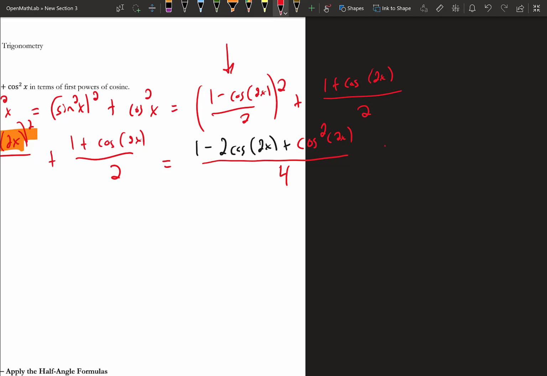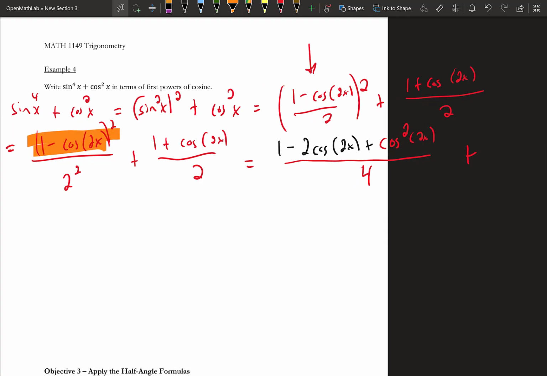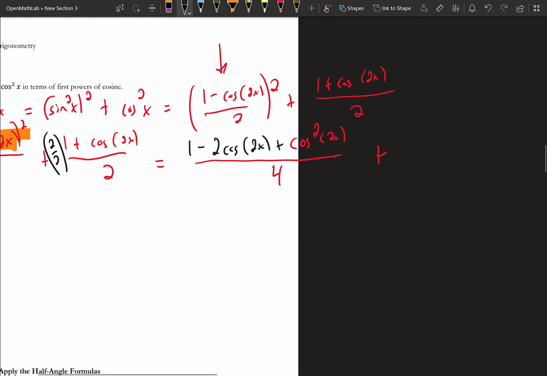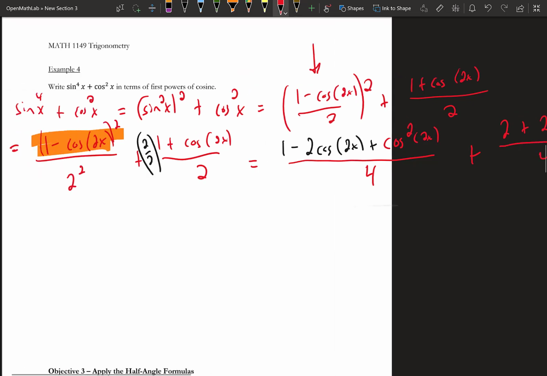And then plus, we need to get a common denominator, so what I can do is multiply this times 2 over 2. So I have to distribute the 2 in the top. What that will give me is 2 plus 2 cosine of 2x all over 4. So now I have common denominators.